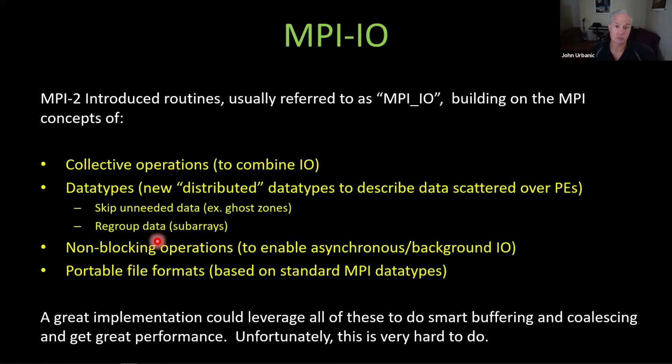So they allow you to do some really nifty stuff, like say you've got an array that's scattered over a bunch of PEs, like our Laplace code, and you want to output the entire Laplace metal plate, even though each PE only has a subsection. It's broken up into these 4 strips. And we don't want to write out the ghost zones. Those aren't really valid data, or the boundary conditions maybe. So we only want to write out the sections of the metal plate that are valid. We want to write them out to one nice single disk file so I can go and run off with matplotlib and draw a graph or something.